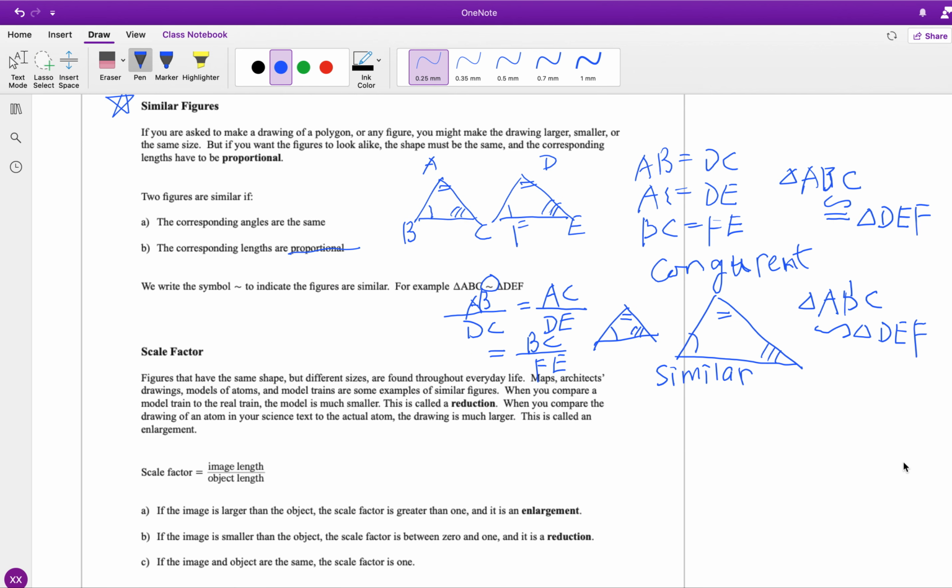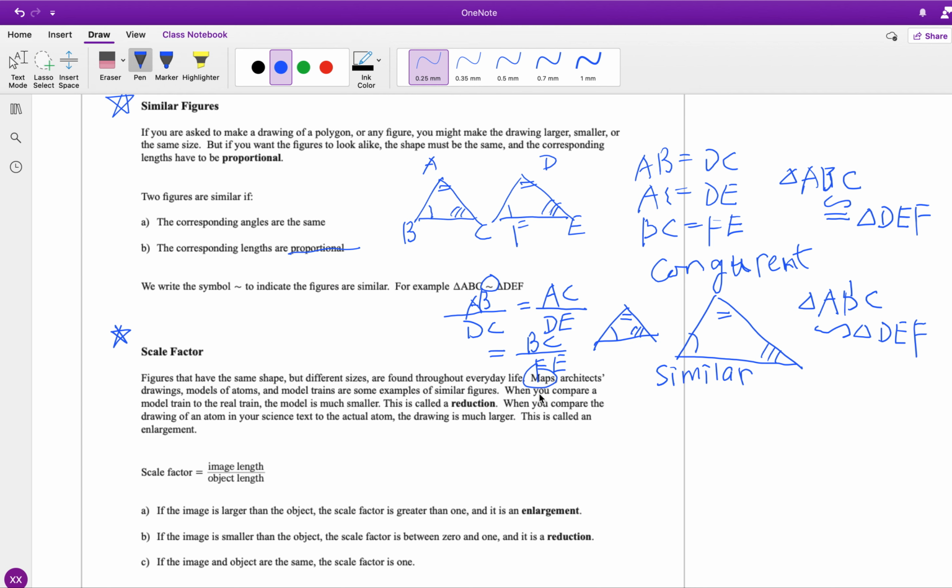Now, the next one: what is a scale factor? The scale factor is basically comparing one figure to another. This is called an image and an object. Think of maps. When you draw a map, it is similar to the real landscape, right?